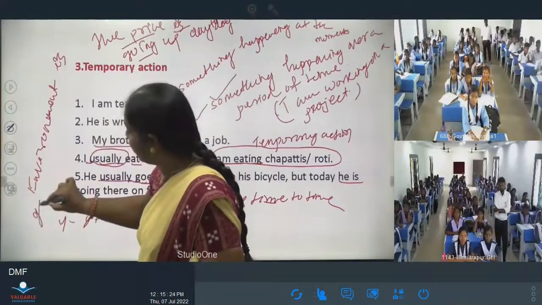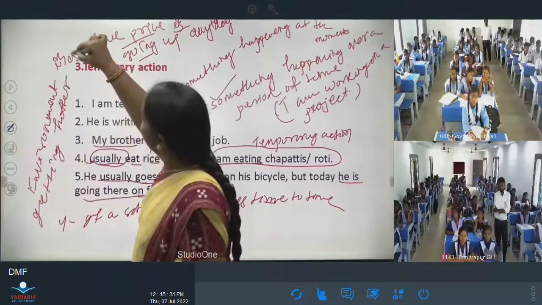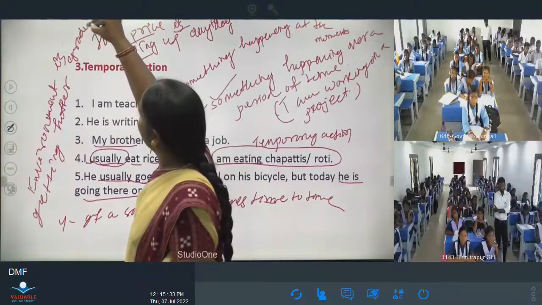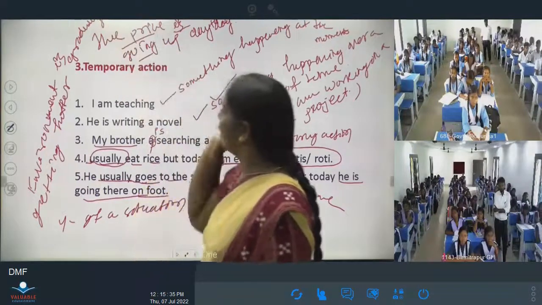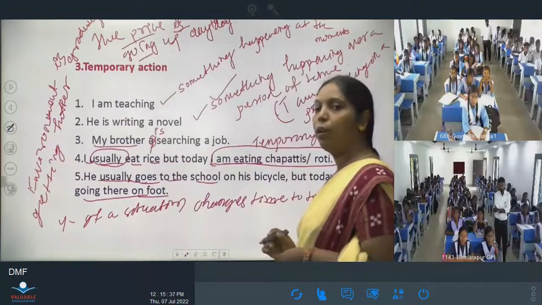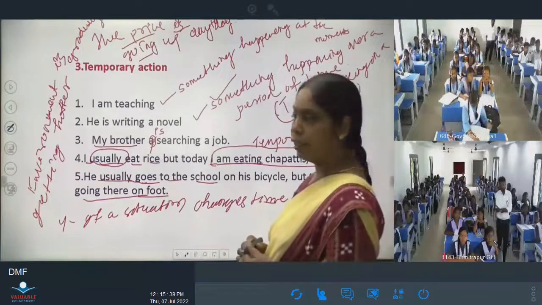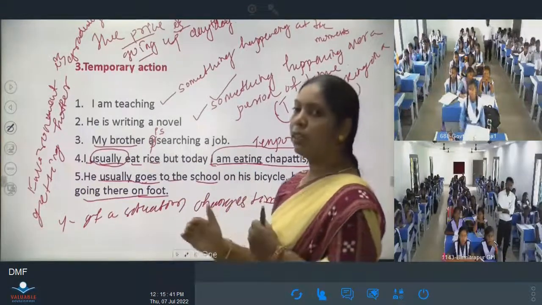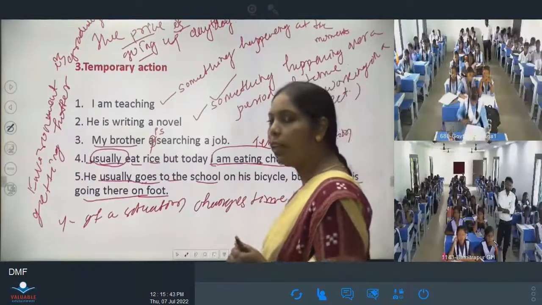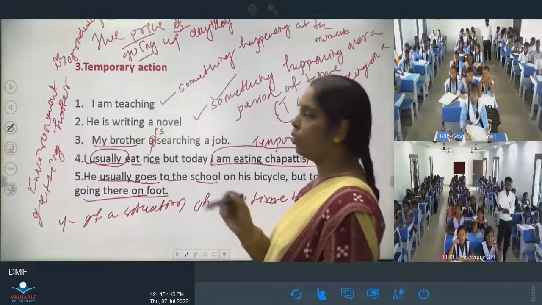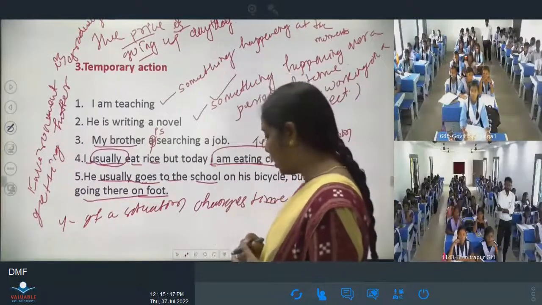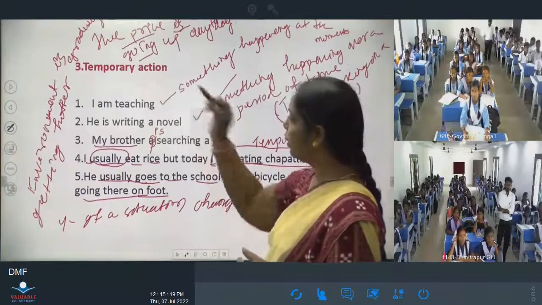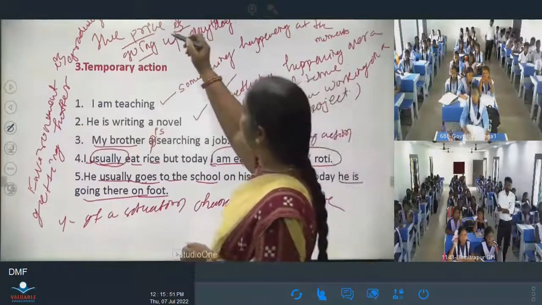Getting hotter, gradually. So day to day the range is different here. So that's why we use present progressive tense here. The situation is changing here also.